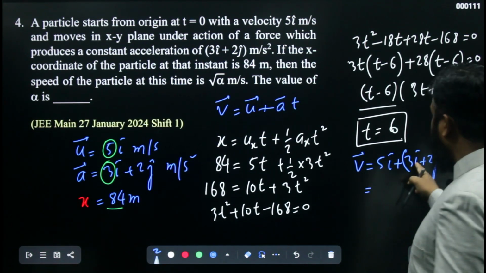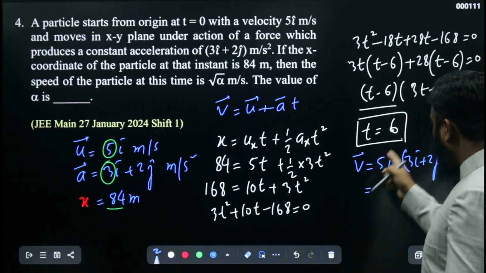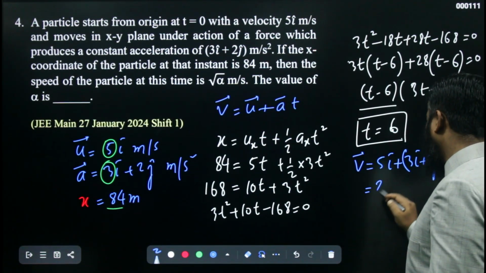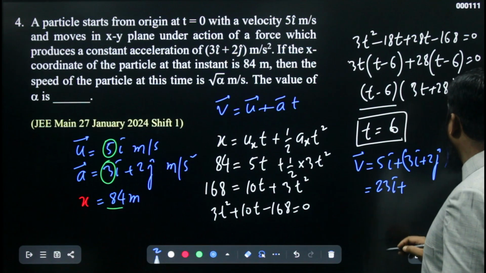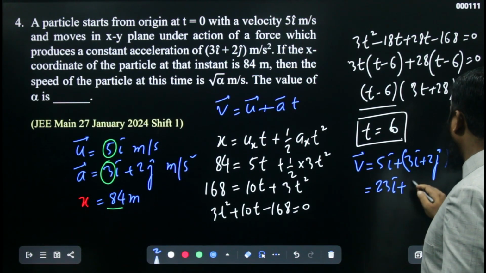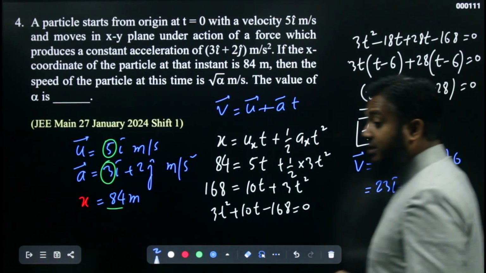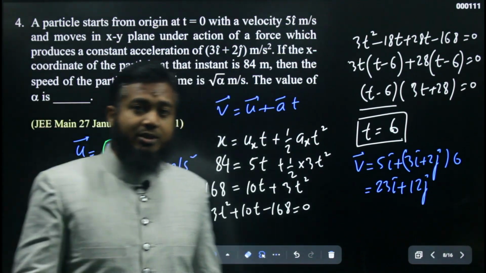So 6 into 3 is 18i, plus 5i would be 23i, and then plus 6 into 2, that is 12j. So this is the velocity vector at t = 6 seconds.